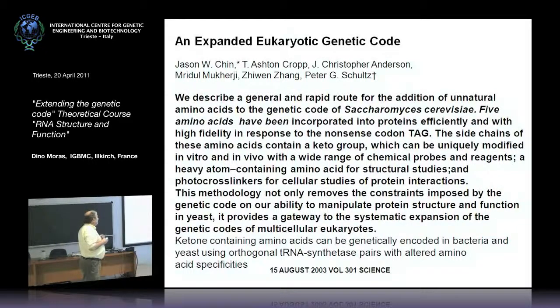The idea here is to incorporate what is really the difficult step, the novel amino acid, into eukaryotic cells. Why eukaryotic cells? Because if you can introduce specific amino acids with different functionalities, then you have in hand very interesting tools to study complex regulation systems.